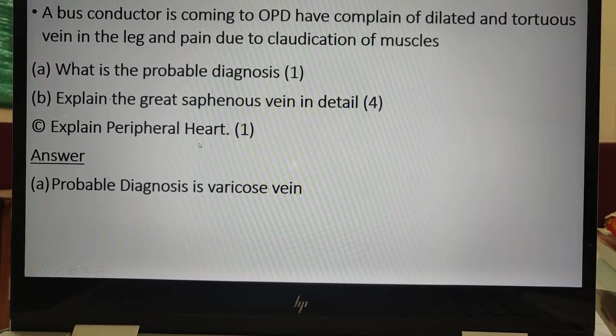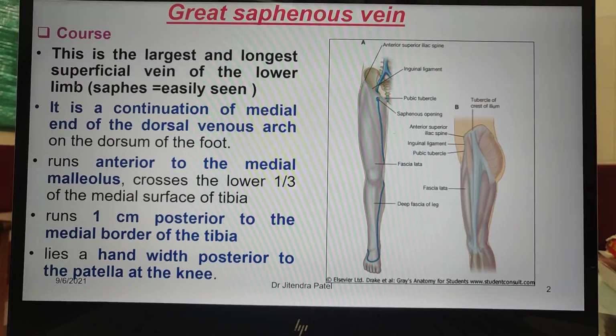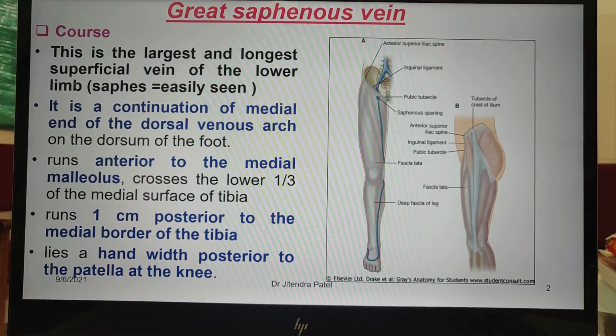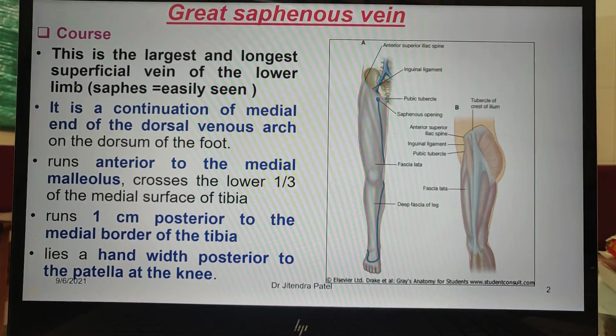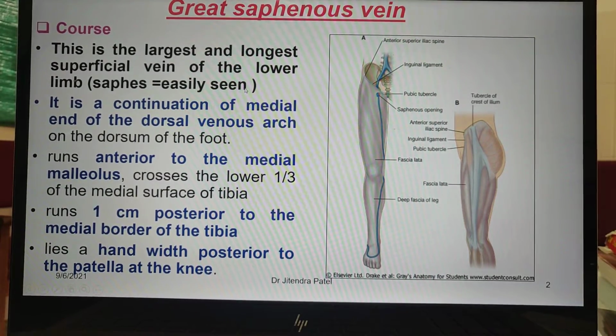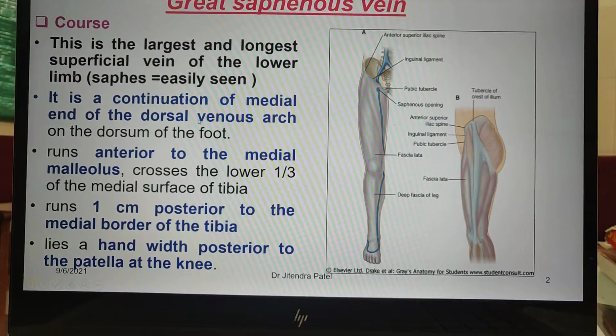The answer: the probable diagnosis is varicose vein. The great saphenous vein course: it is the largest and longest superficial vein of the lower limb. Saphes means easily seen. It is the continuation of the medial end of the dorsal venous arch on the dorsum of the foot.